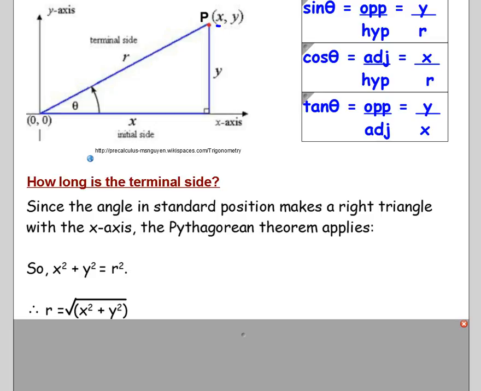However, if we need to use a ratio that involves the terminal side, which are the sine and cosine ratios, then solving for r is just one step past taking the x and y coordinates and applying Pythagorean theorem to get the length of r as the square root of x squared plus y squared. And that's how we've solved right triangles before, and you knew that that was a skill that you'd be using in this course, and here you find another application for it. So that's the length of the terminal arm.